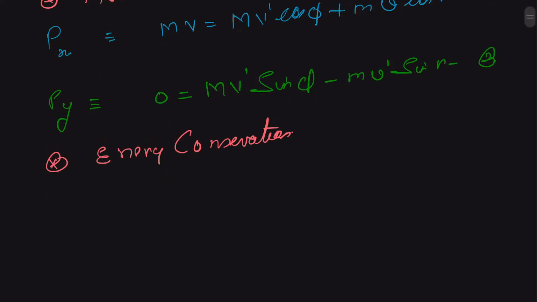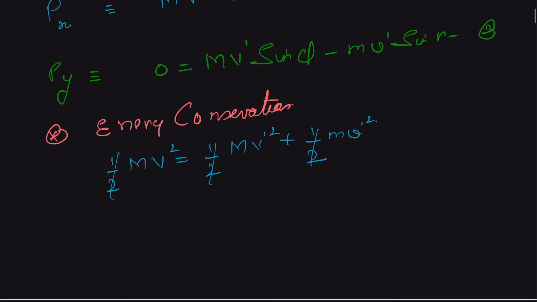This energy conservation will give us half M v square is equal to half M v prime square plus half m v prime square, and this half is going to cancel out throughout, and this will give us that M v square is equal to M v prime square plus m v prime square.